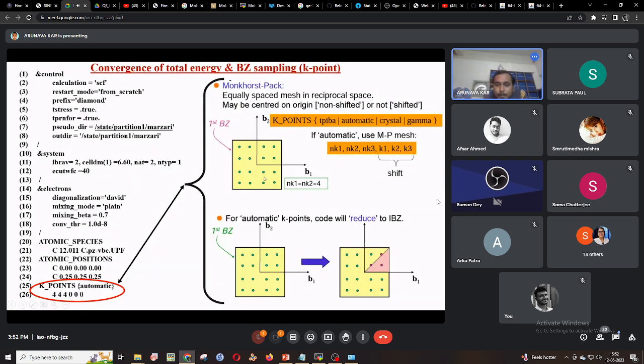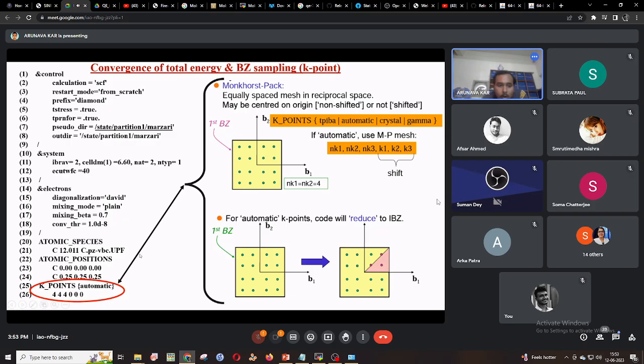One thing is that if this is your first Brillouin zone, you are trying to divide your K space with a number of points. That means you are taking 4 cross 4 cross 4, so K points would be like this. But here there is no K point at the center. It means you are not offsetting your K point values.